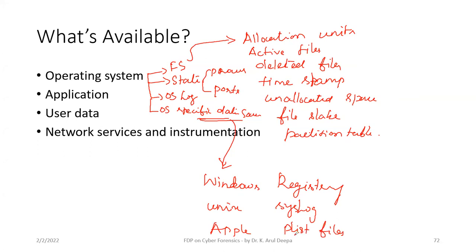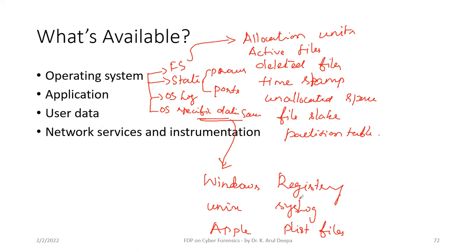These files are equal to this. So registry for everything will be there. Whatever happened in the system, everything has a copy. All the entry, exit time, all details you can find in the registries. So this is about the operating system. Any doubts?